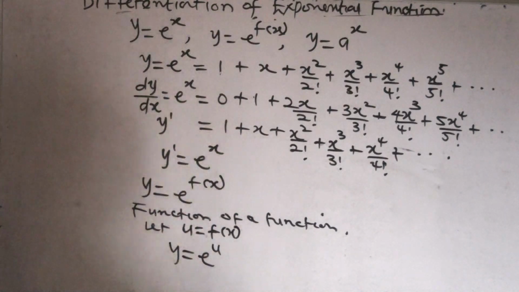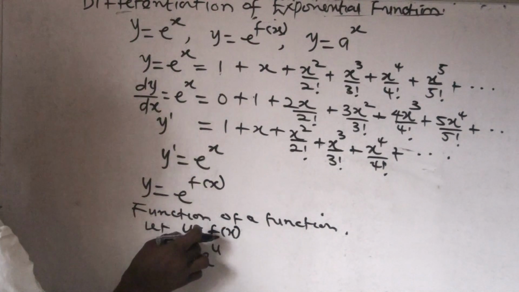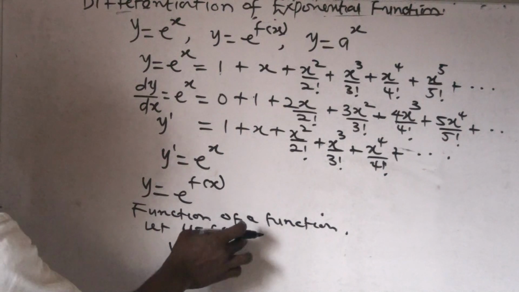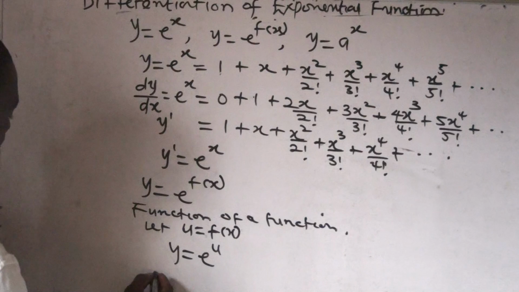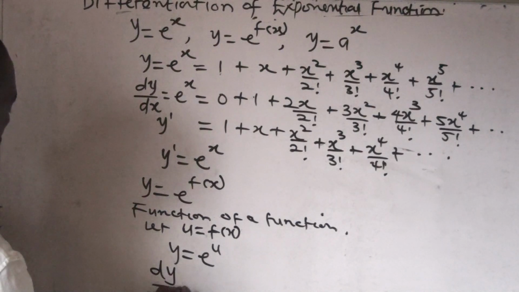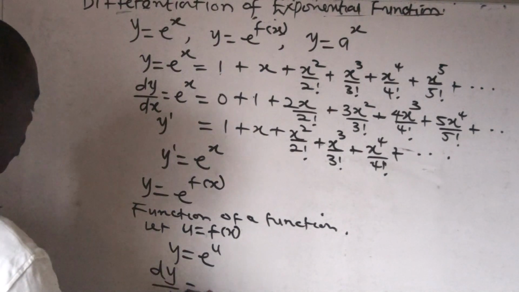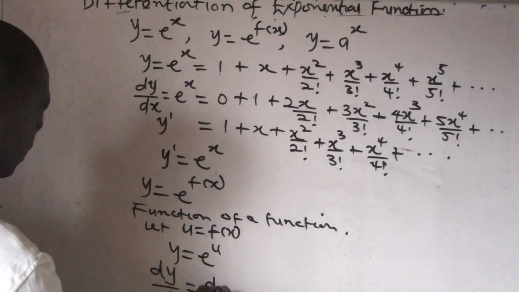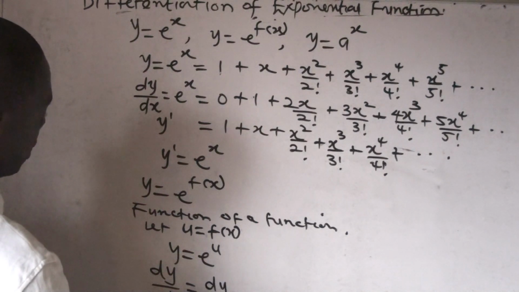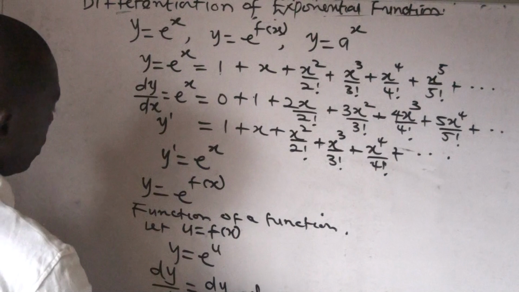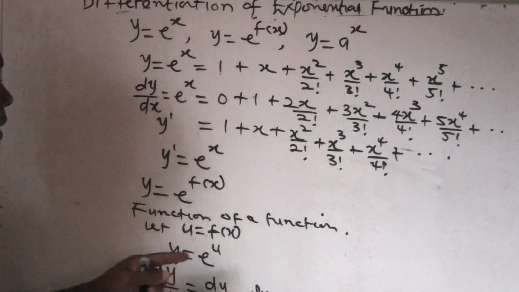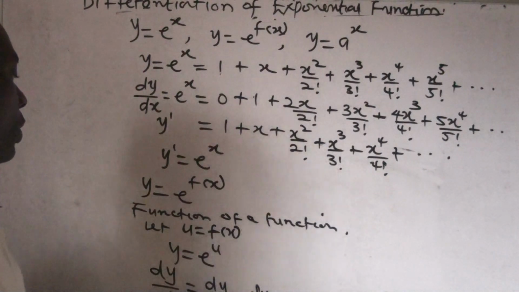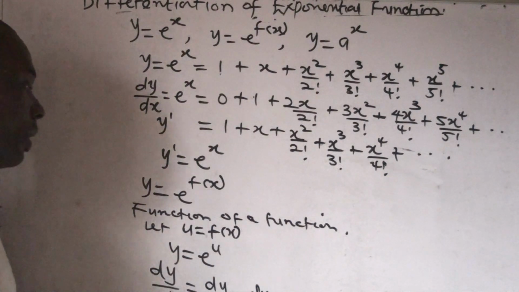Since we're expressing u as f of x, we can see that dy/dx is equal to dy/du times du/dx.